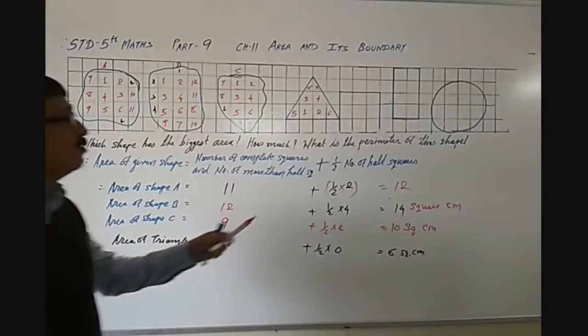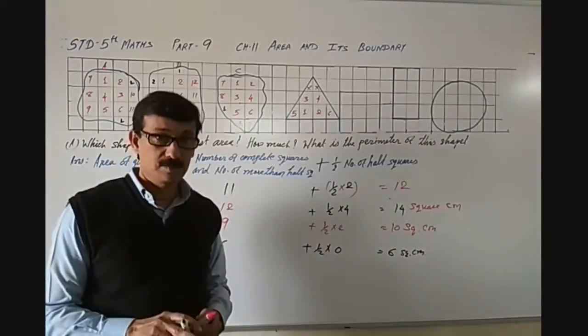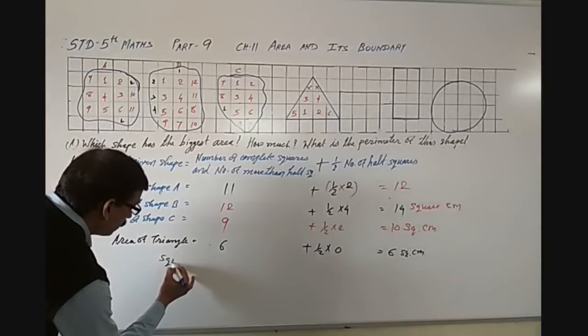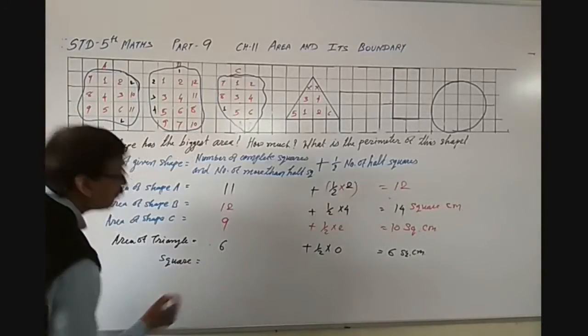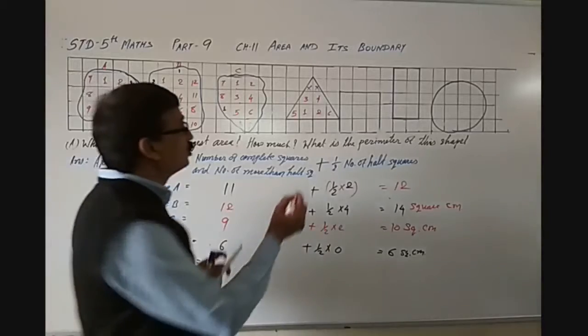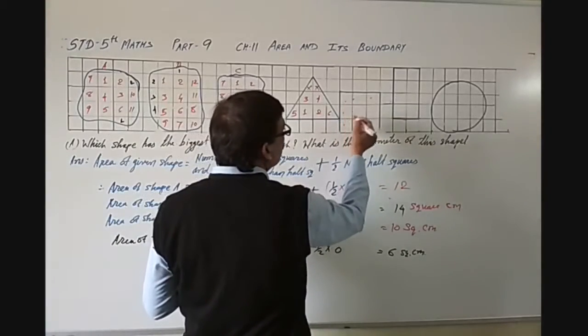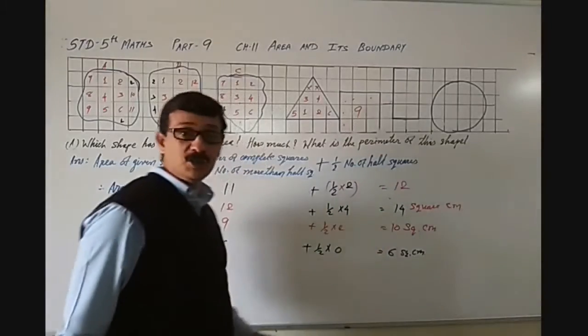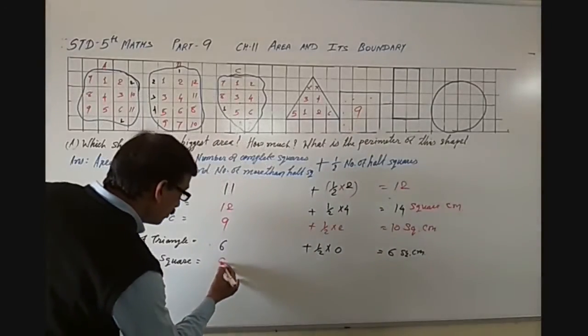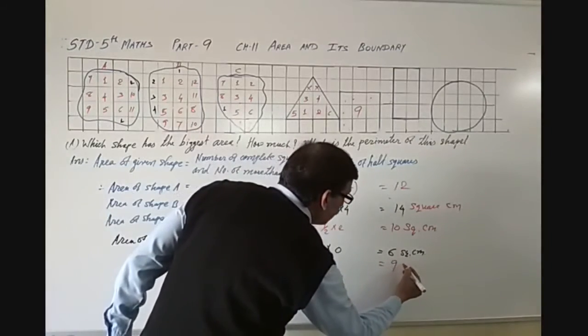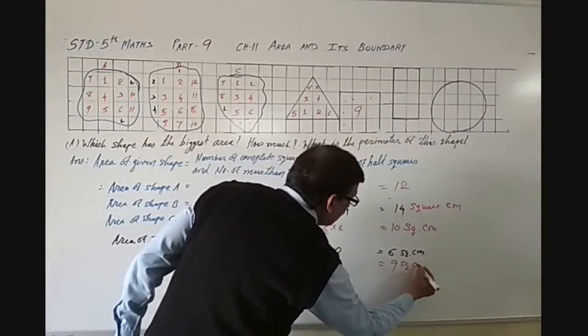Now let's think about the area of the square. The square has total 1, 2, 3, 1, 2, 3, 1, 2, 3. Total 9 complete squares. That is why here I should write 9 plus 0 is equal to 9 square centimeter.